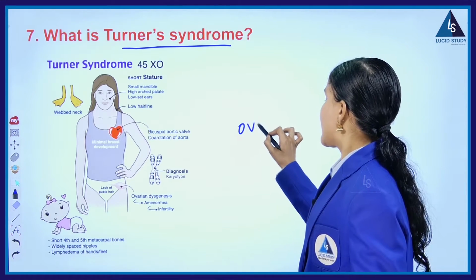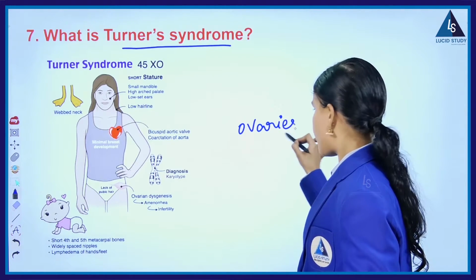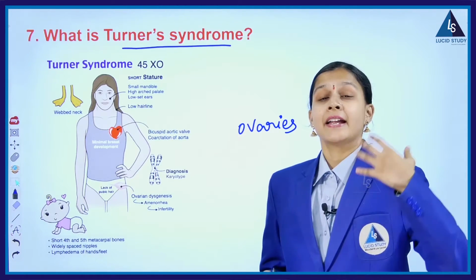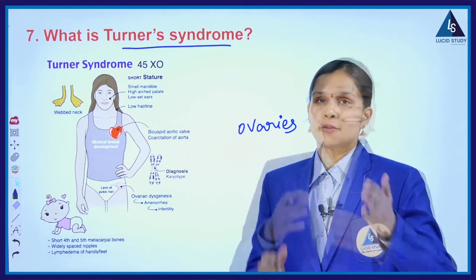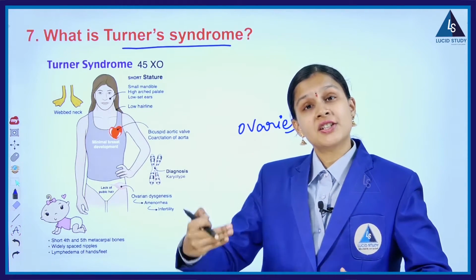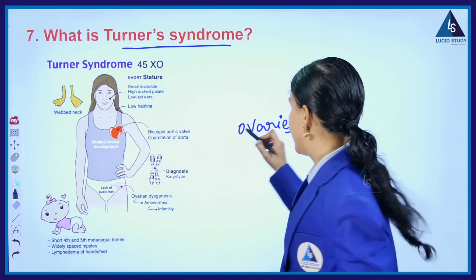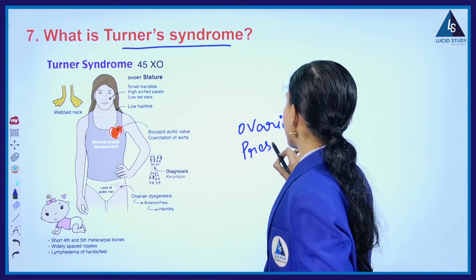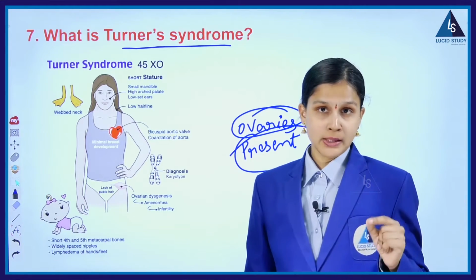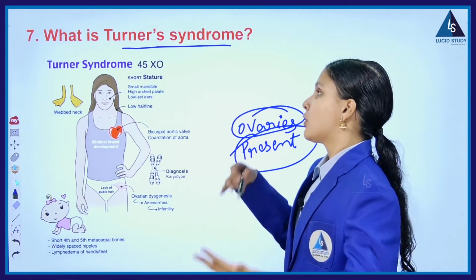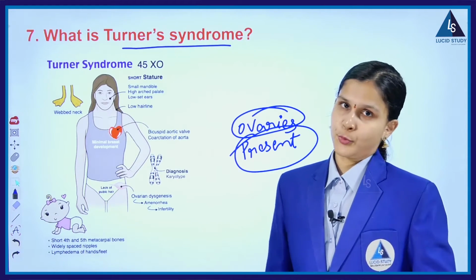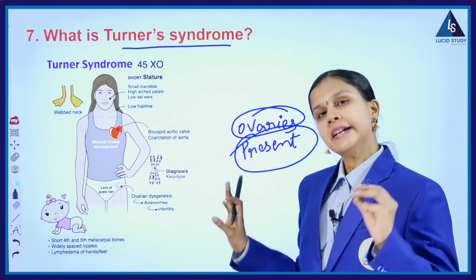The ovaries in females are not properly developed, and the female external genitalia and internal genital ducts are present. So these two are present and ovaries are not developed. It is an allosomal disorder which is usually caused in females, caused by monosomy of the 23rd pair of chromosome. So if you write these points here, it is enough.